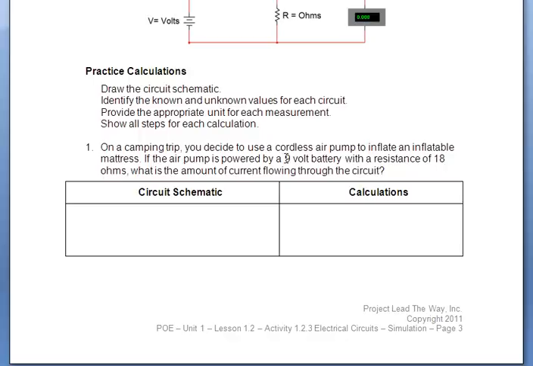So the current is 9 over 18, or 1/2, or 0.5. So you'll draw a schematic similar to the one up here of the circuit that you just made in this circuitry program, and then you will put I equals V over R right here, and then you'll put the numbers in for it and calculate the final answer.